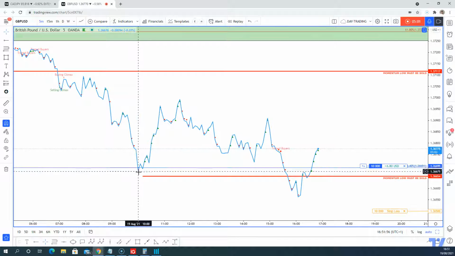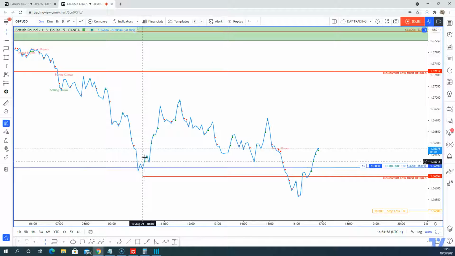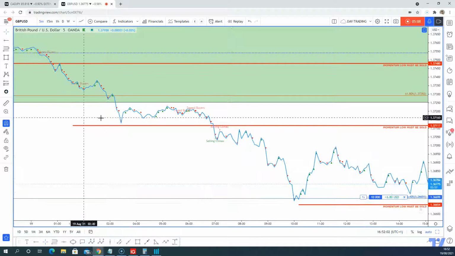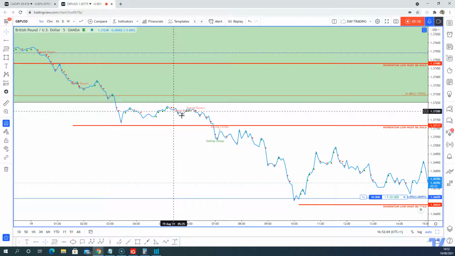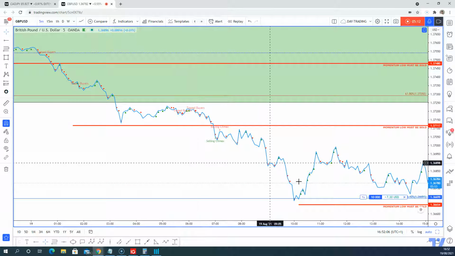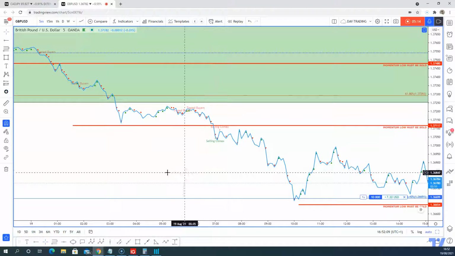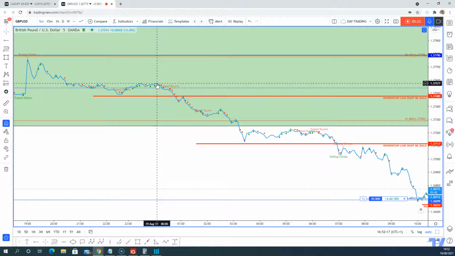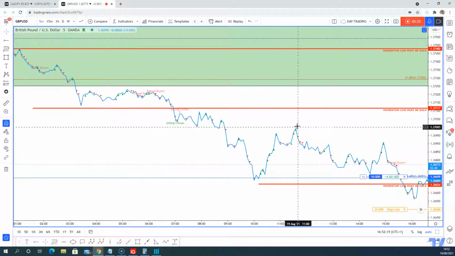I'm going to count this: 0, 1, 2, 3, 4, 5. If we look at this one, 0, 1, 2, 3, 4, lower 5. Well, this one gave us a higher 5. That's what we mean by momentum. That is the difference between that one and these two. 0, 1, 2, 3, 4, lower 5. But in this case we have a higher 5.